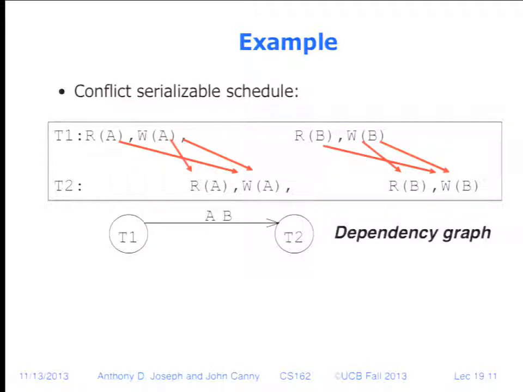We can execute T1 before T2, and we do that by pushing all of the other operations of T1 to the left and the operations of T2 to the right, and they won't conflict because there won't be any backwards arrows that we'd have to cross. Okay, is that clear? Okay, so there's a dependency graph. No cycle, so we're okay, and we can use any ordering that satisfies the dependency graph ordering to order the transactions.